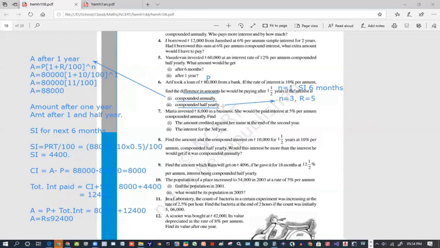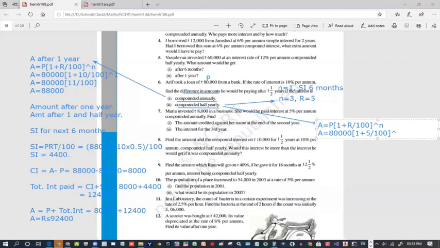I am solving the second on this side. So this is easy. What you have done above is the same. For this, we know the formula A equals P(1 + R/100)^N. So A will be equal to, principal is 80,000, 1 plus, compounded half yearly. For half yearly, R will be 5 by 100 and N will be doubled.